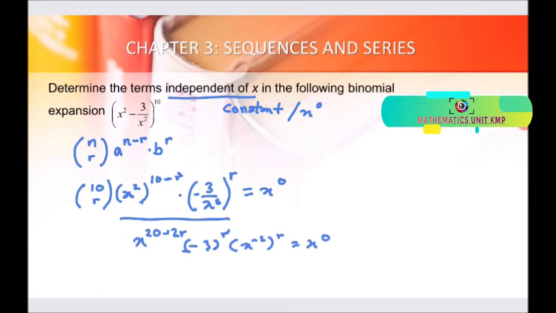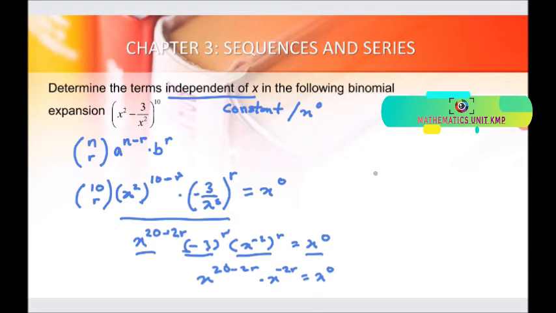Okay, so we need to find the value of r first. For the coefficient, we leave it for a second after we get r. And let's simplify the equation. x to the power of 20 minus 2r multiplied with x to the power of negative 2r equal to x to the power of 0.